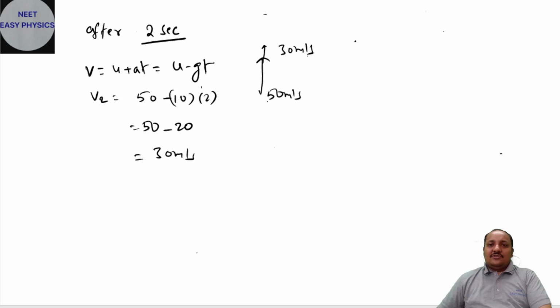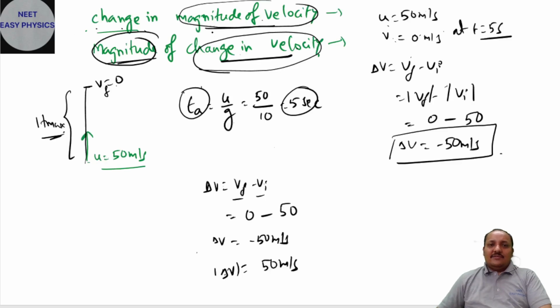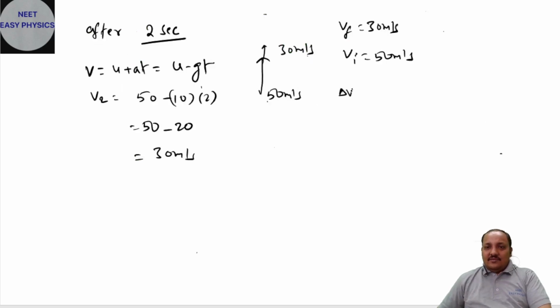Both are positive. Now, what is the final velocity? 30 meter per second. What is the initial velocity? 50 meter per second. Now see, our question is magnitude of change in velocity. First, I am calculating change in velocity, Vf minus Vi.